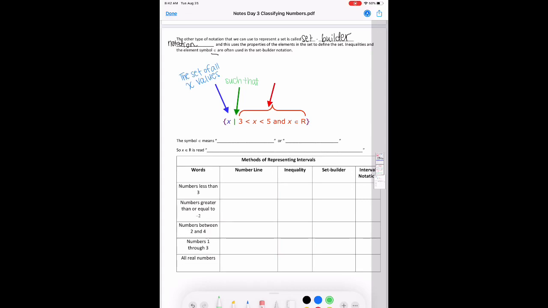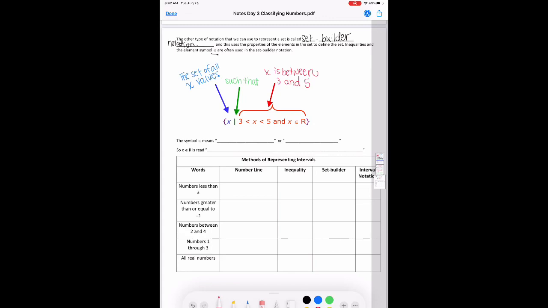So the set of all x values such that x is between 3 and 5. Okay, I know it's between 3 and 5 because I do not see or equal to signs underneath my less than symbols. And the numbers I see here are 3 and 5.